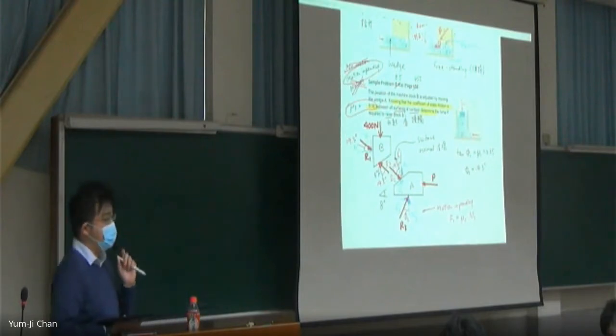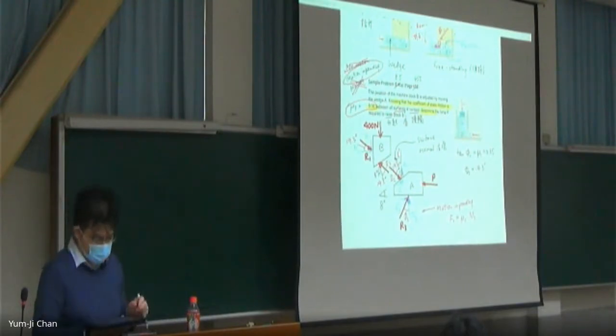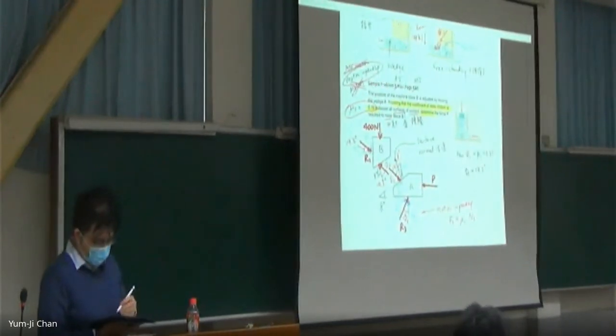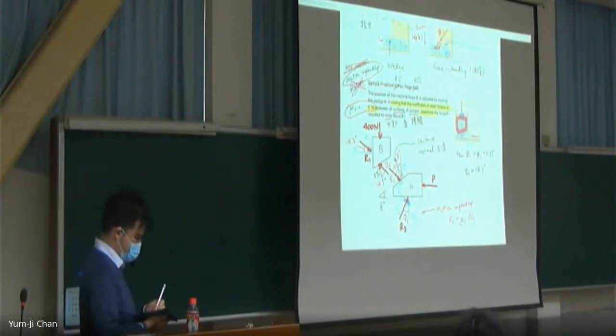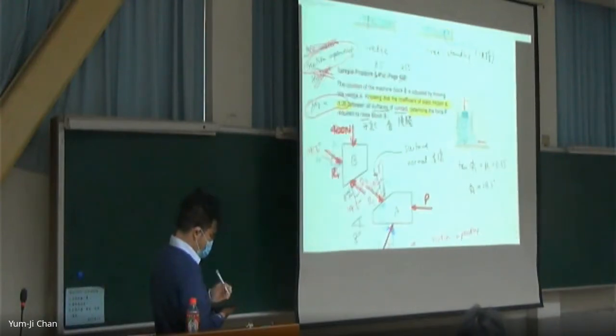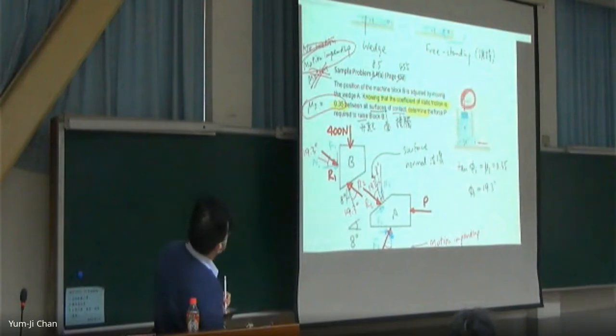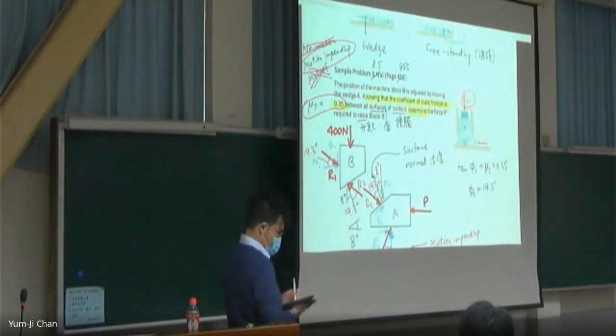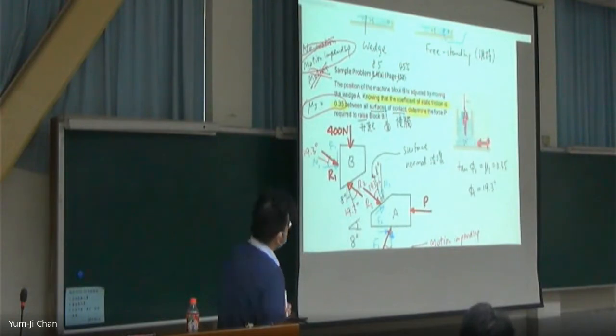Now, we have a wedge here. We have a block B with, let's say, a weight of 400 Newton, and we want a force P here to lift it.